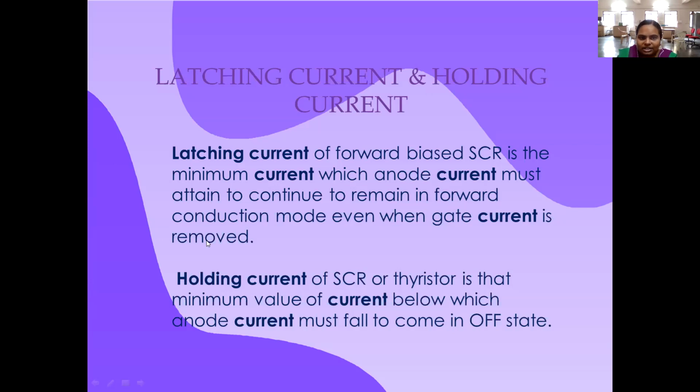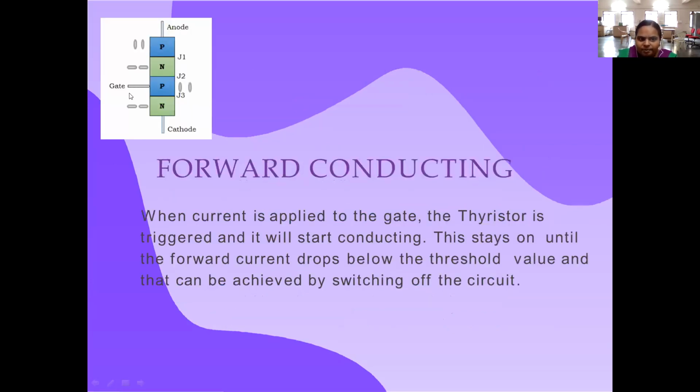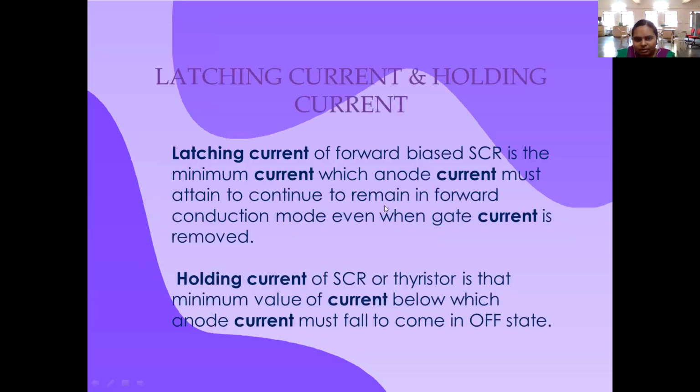What is the latching current we are talking about? It is the minimum current we have to apply from the gate to the junction so that it will start conducting, even when I stop giving the gate terminal and the gate current is removed. It will keep conducting. That minimum current we have to apply for the SCR so that our SCR starts conducting, we call the latching current.